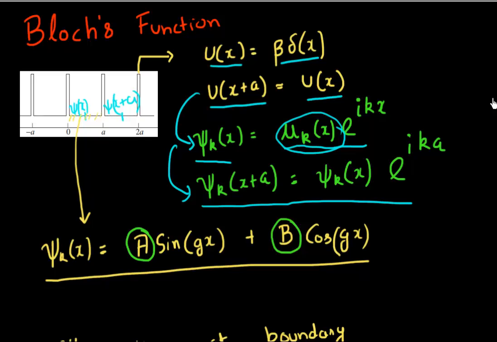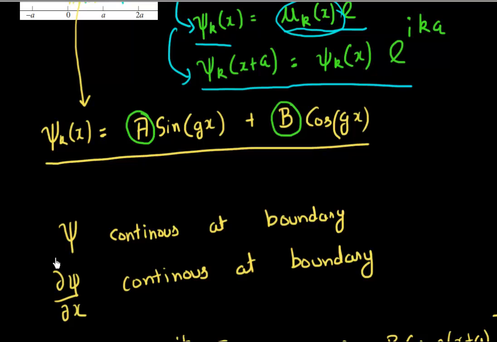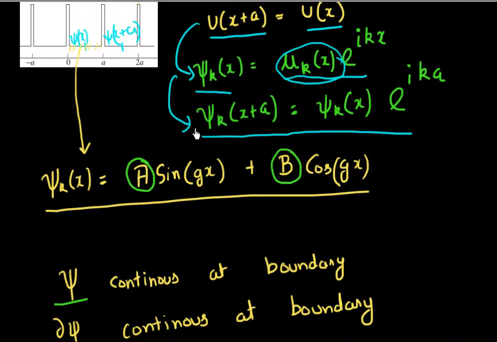So the condition that I'll use is the same boundary condition that everybody in quantum mechanics uses: my wave function has to be continuous at a boundary and the derivative of my wave function has to be continuous at the boundary. And then I have this extra relationship that I can leverage, that my wave function at a point x plus a is related to my wave function at point x by this simple relationship.